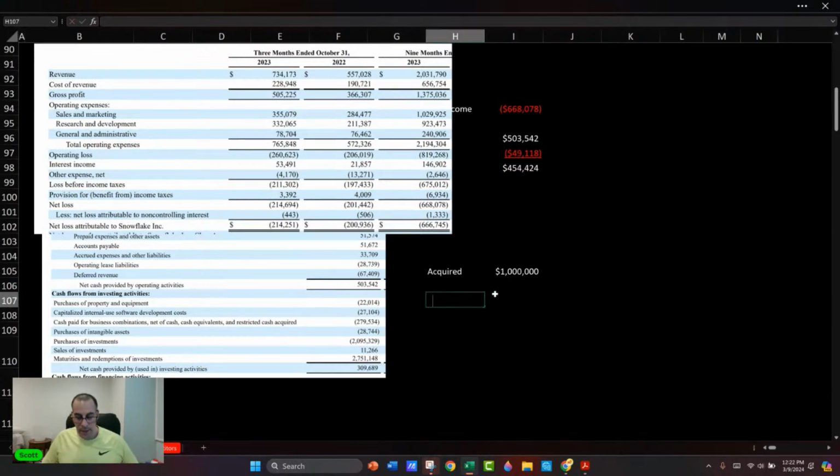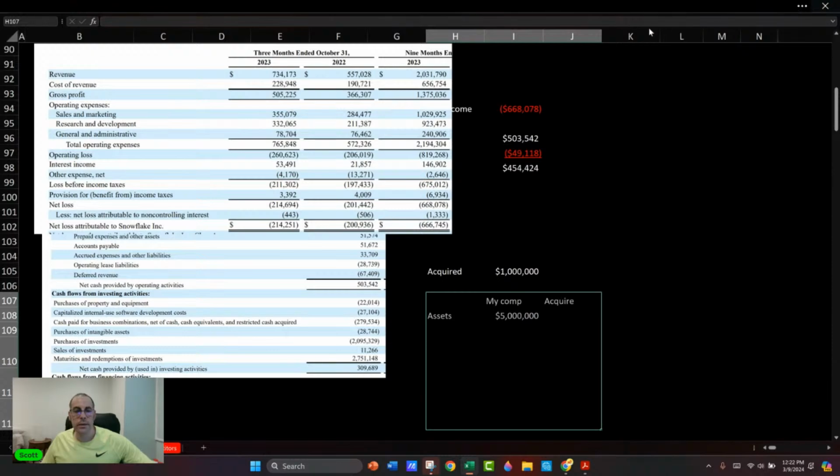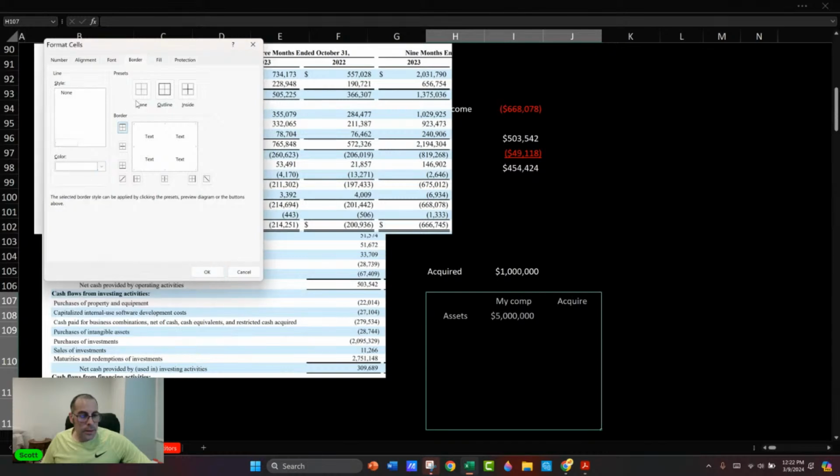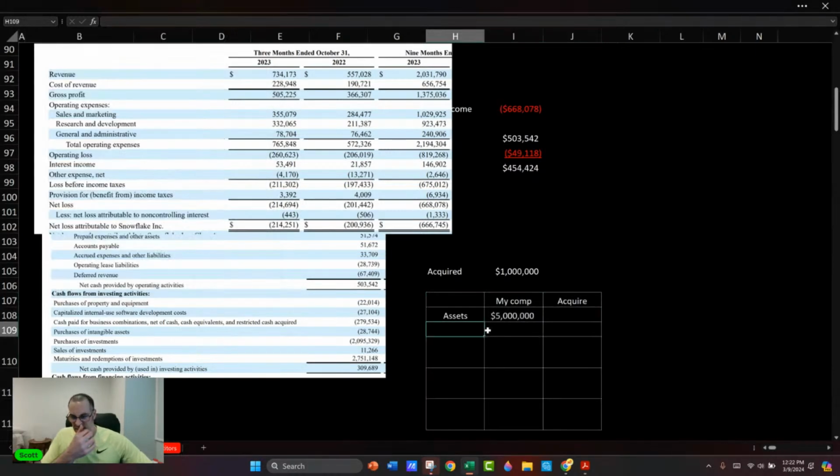Say my company's assets are $5 million, and their assets are $2 million.